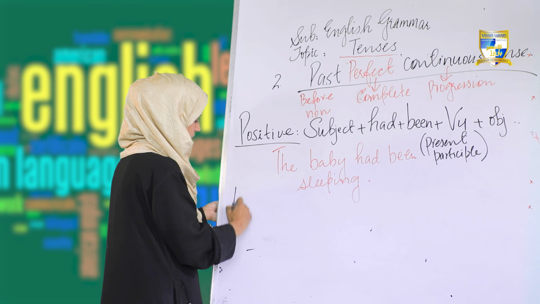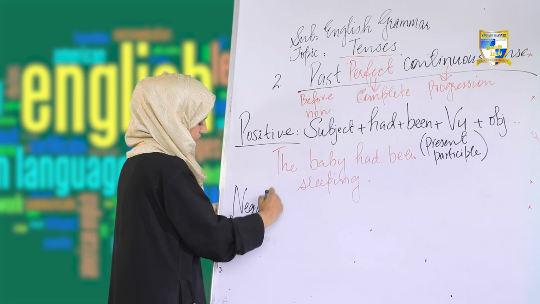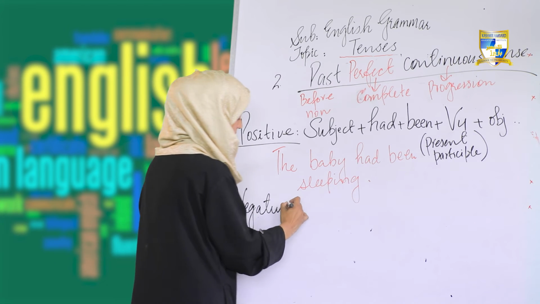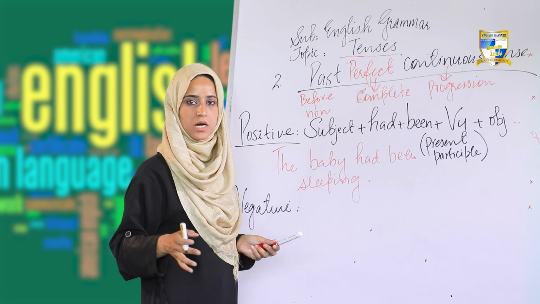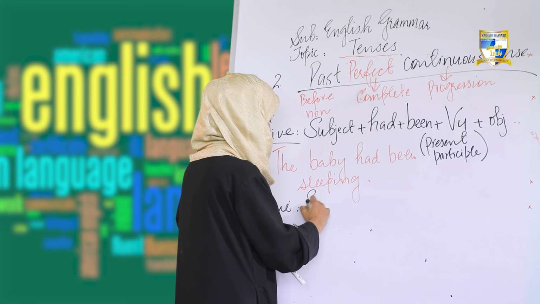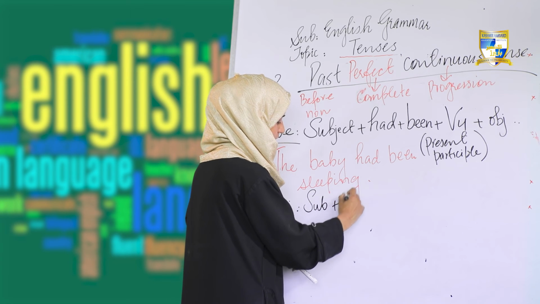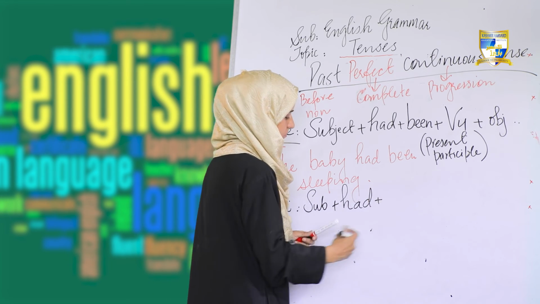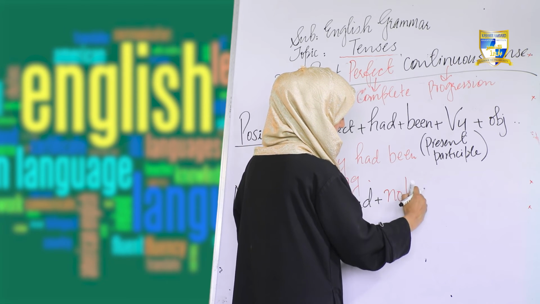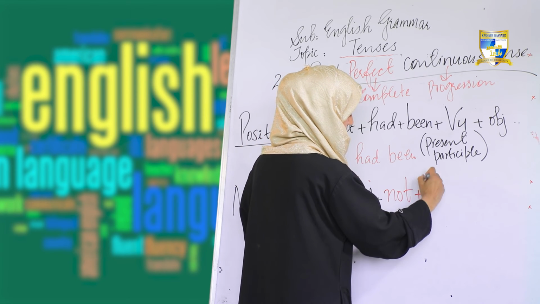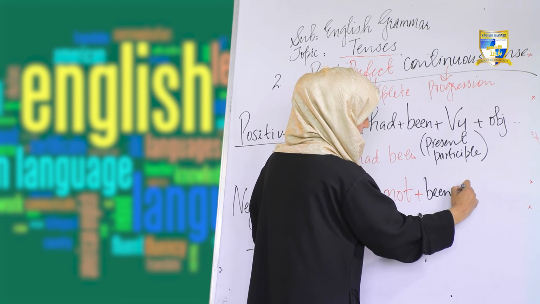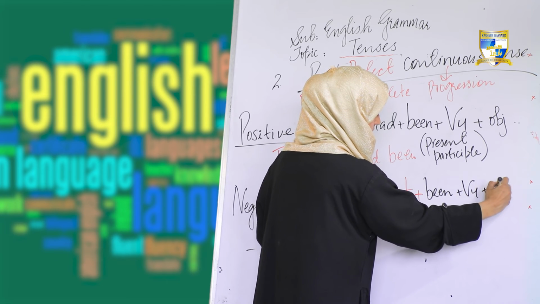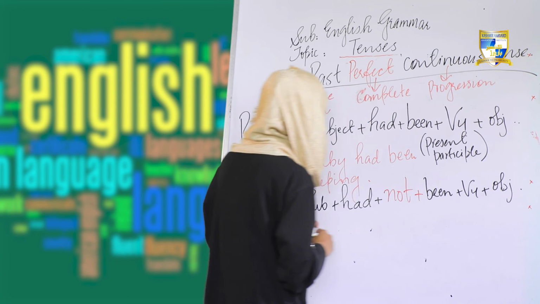Let's take the negative sentence. Same pattern, just use the mark of negation not: subject plus had, not, then been, verb plus ing, plus object.